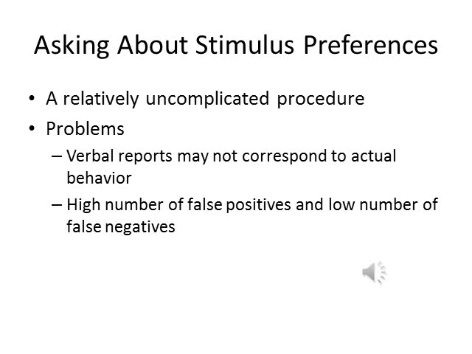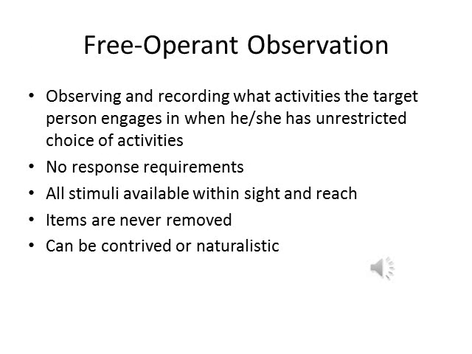And you might get a relatively low number of false negatives, in the sense that they say it's not a reinforcer when in fact it is. Both those things can occur, and research is very clear about this. And so those are the problems. The advantages are it's simple, uncomplicated. The disadvantage is the accuracy may be questionable.